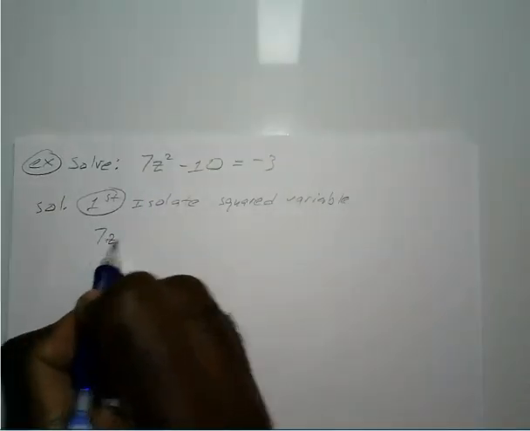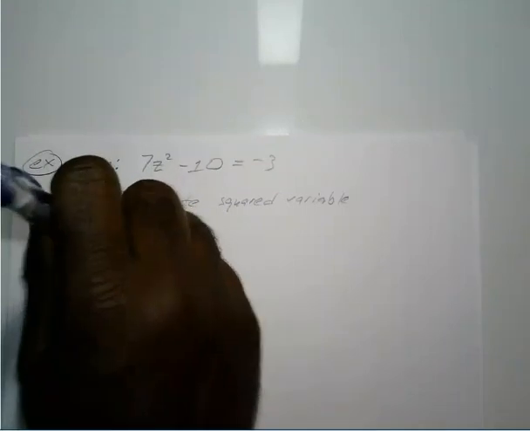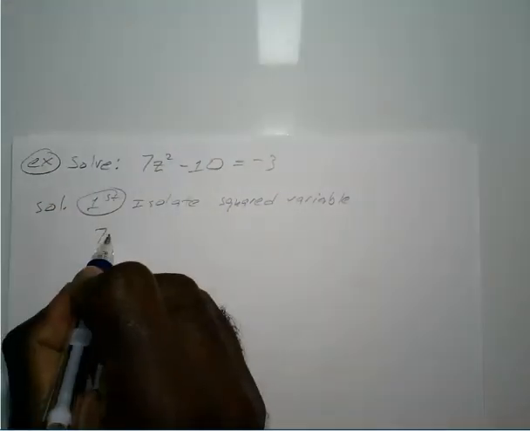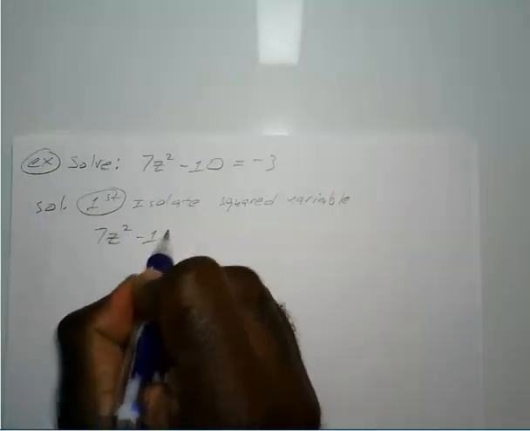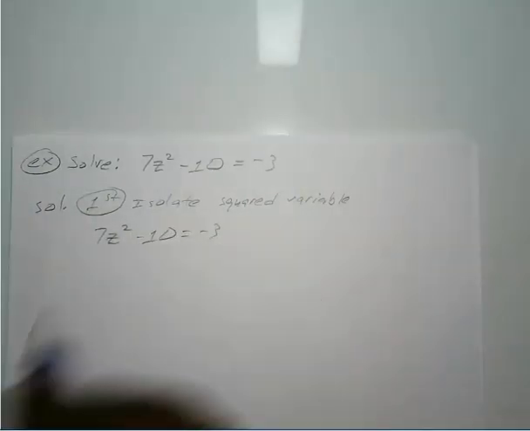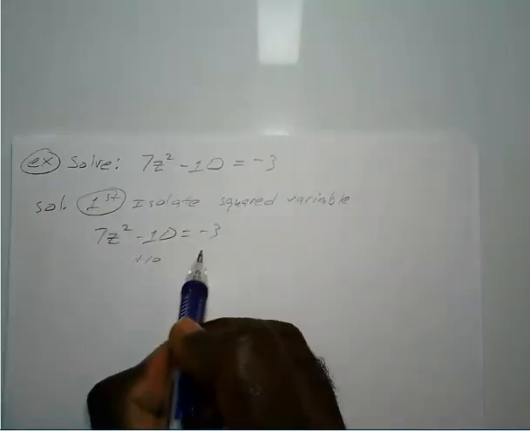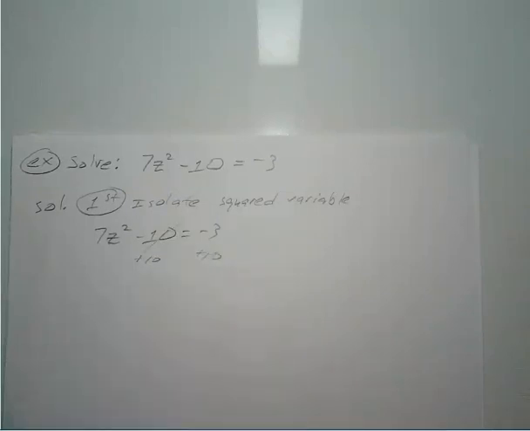So you have 7z squared minus 10 equals negative 3. We just go ahead and add 10 to both sides. Those cancel each other out.